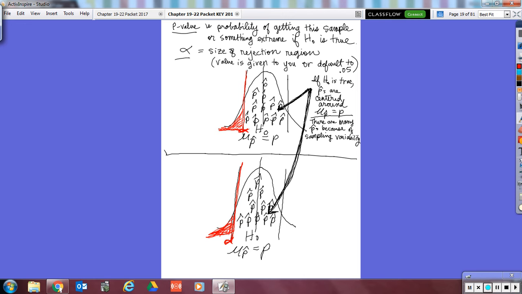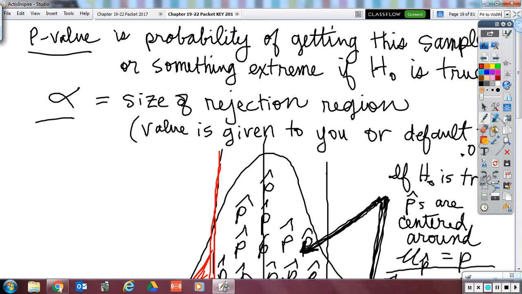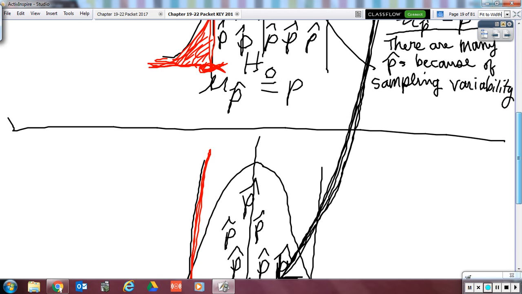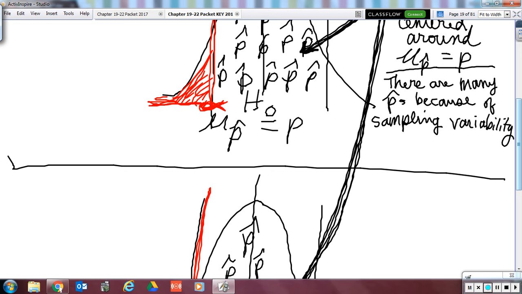And that is the size, and so I'm going to label on both of these curves that this is the size, that this is the rejection region.